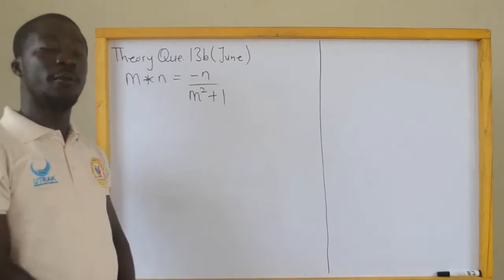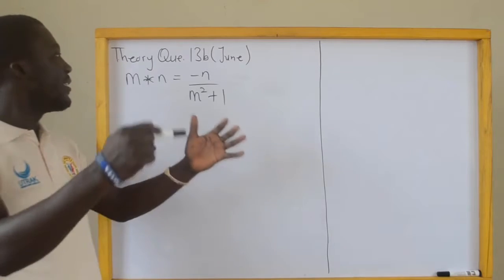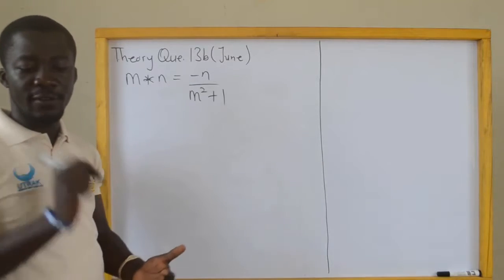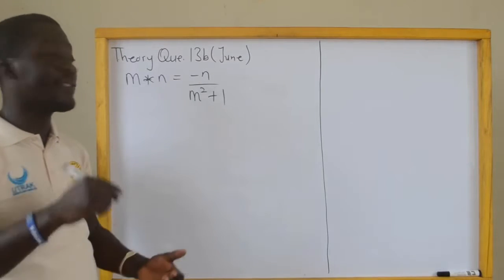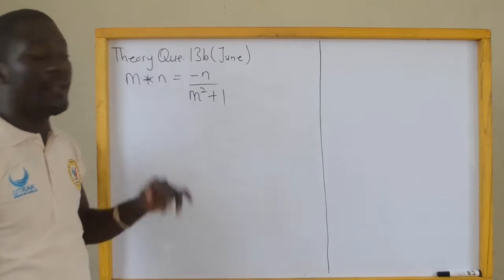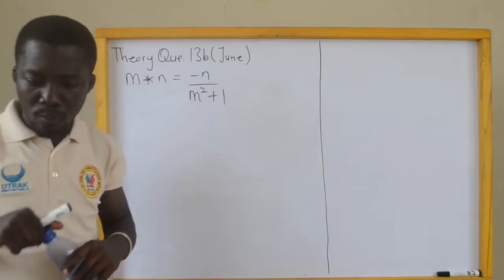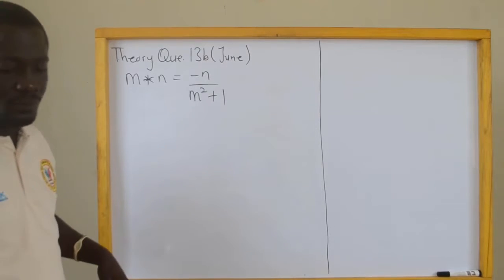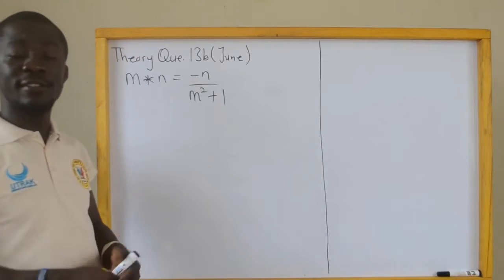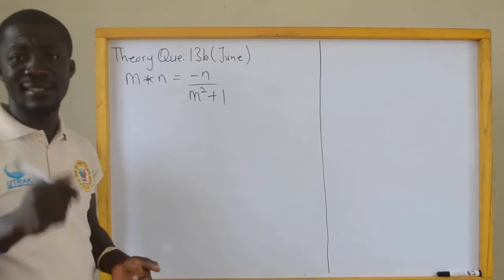Our solution for theory question 13b, which also came in June. The question states that the operation star is defined on the set R of real numbers by m star n equals negative n over m squared plus 1, where the elements m and n are elements of the real number system.